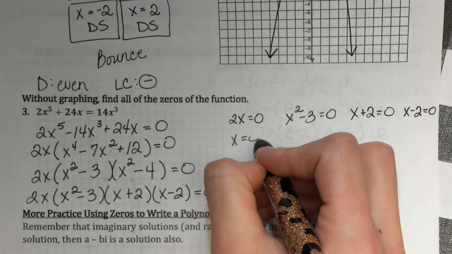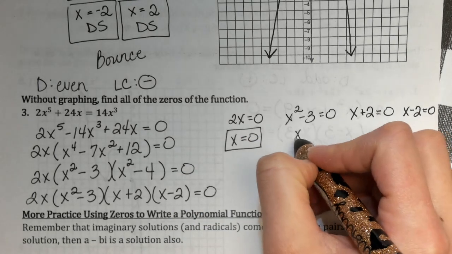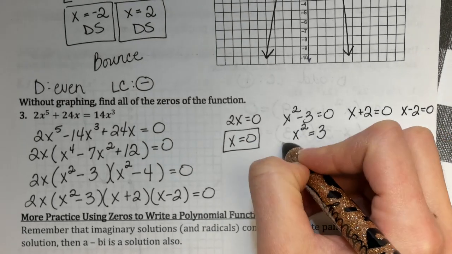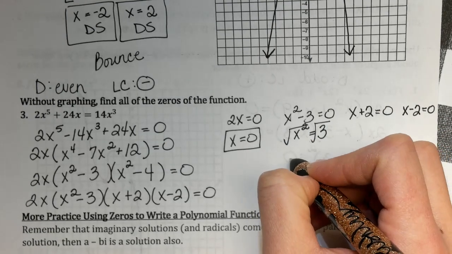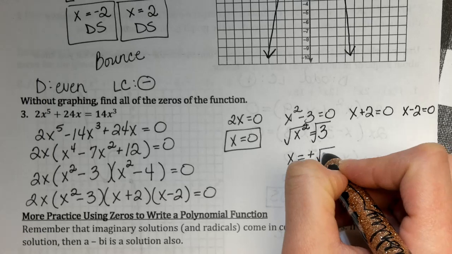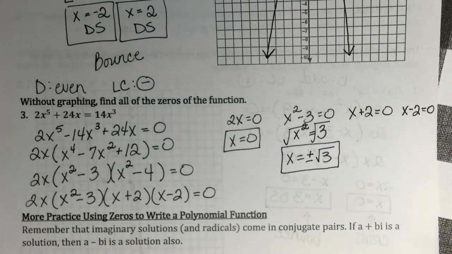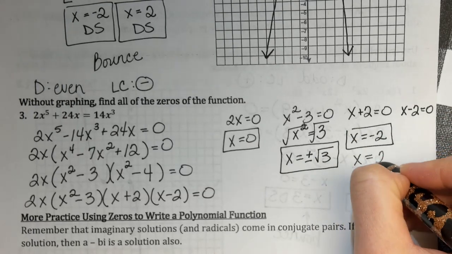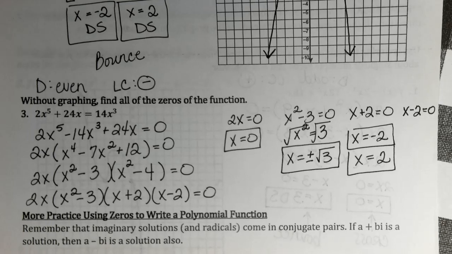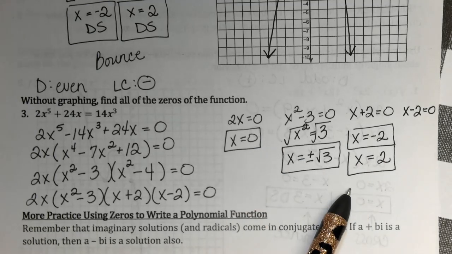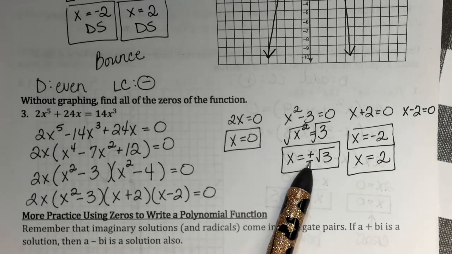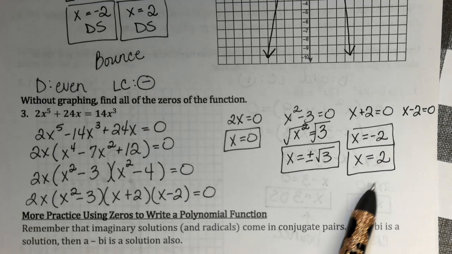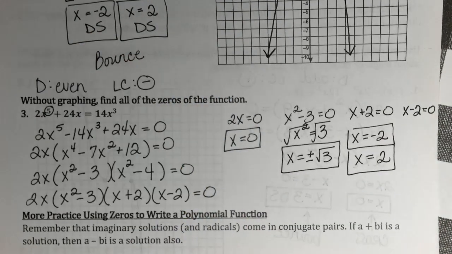So x equals 0. x squared equals a positive 3, so square root it, and that gives me plus or minus square root of 3. Then x is equal to negative 2, and x is equal to positive 2. So how many zeros do I have? Nope. 5, because it's plus or minus. Okay? The number of zeros you have should match the degree of your polynomial. Okay?